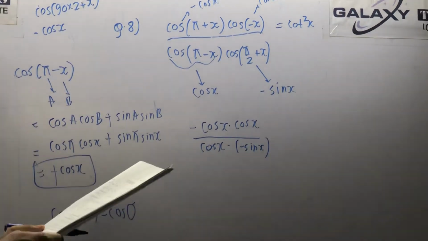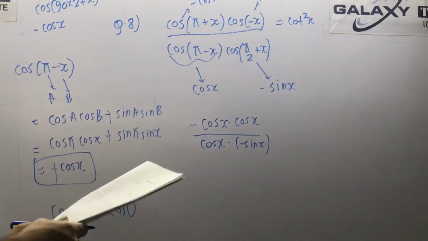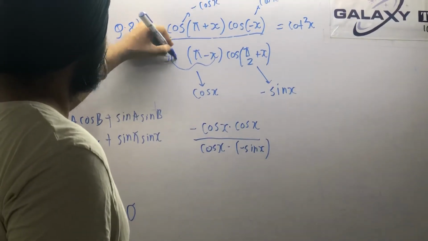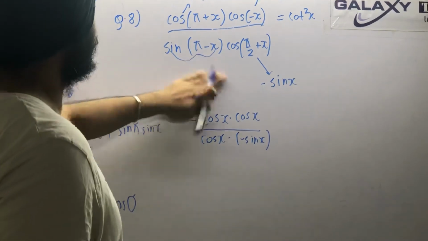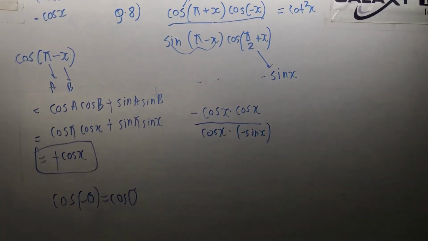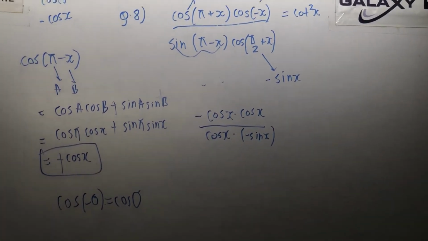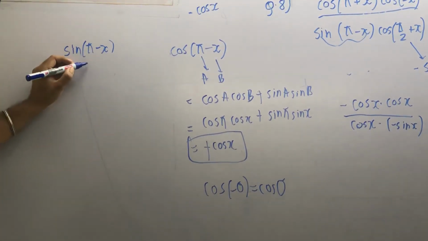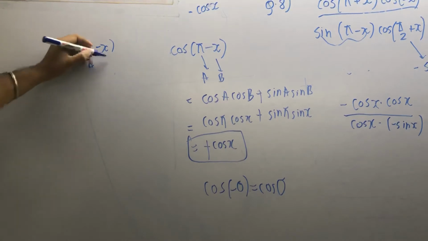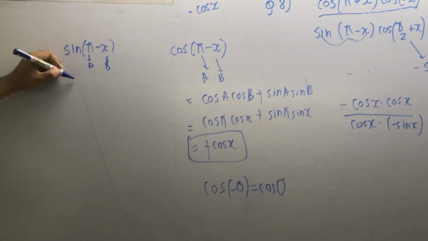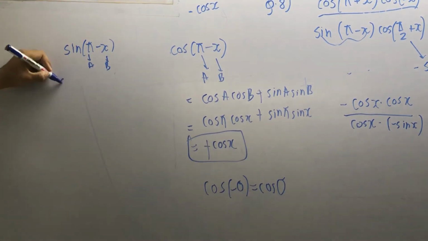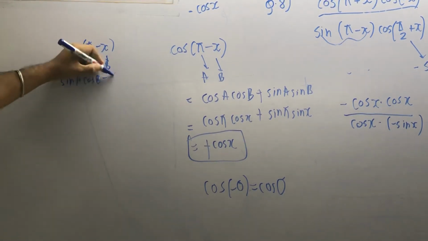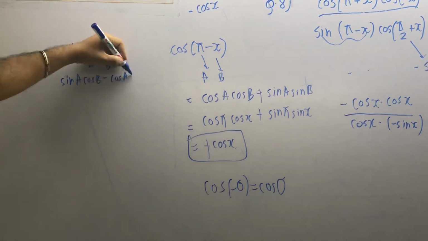Just wait. Oh, sorry, my mistake. This was sin pi minus x. So sin pi minus x will be what? Same way you can do. Pi you can assume as a, x as b. So sin a minus b is sin a cos b minus cos a sin b.